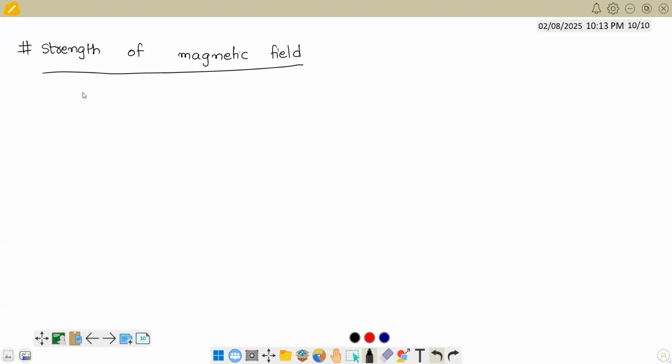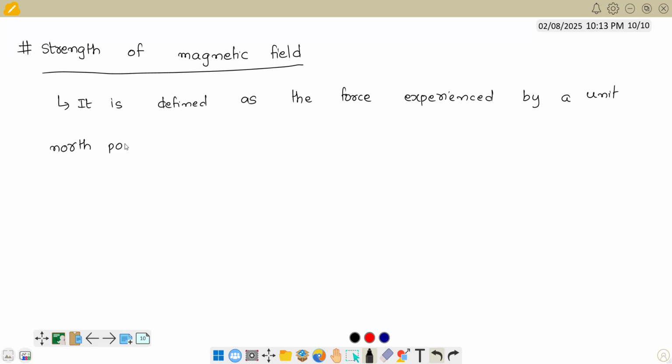The next concept is strength of magnetic field. What is strength of the magnetic field? Basically, it is defined as the force experienced by a unit north pole, or you can write unit test monopole.